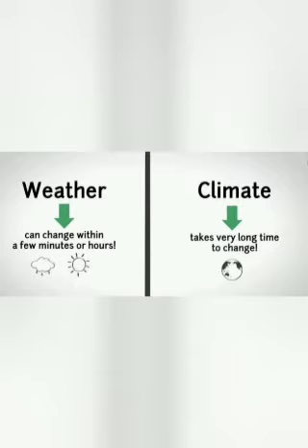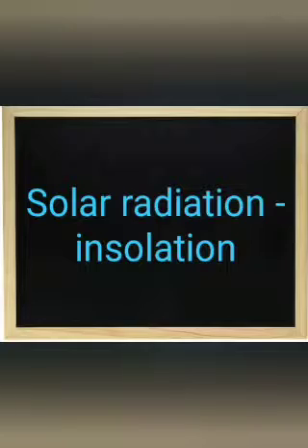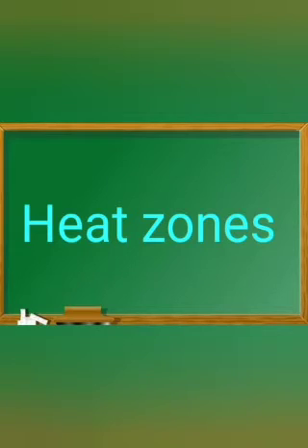Climate is known as the average weather condition over a long period of time. Then we saw about the temperature of the atmosphere. Then we saw about solar radiation, which is also termed as insolation. Then we saw about the three heat zones. What are they? Torrid zone, temperate zone, and frigid zone.